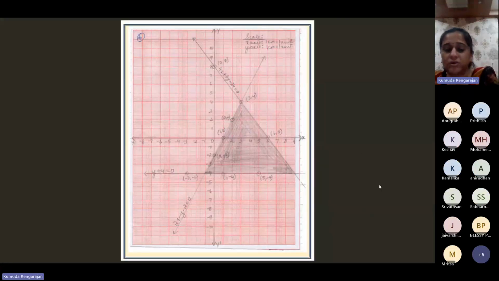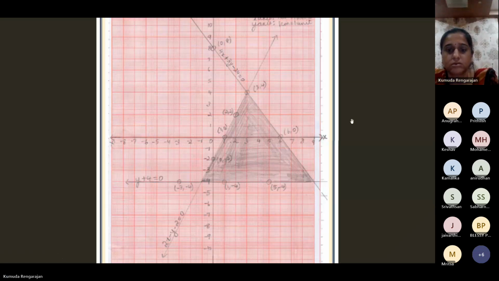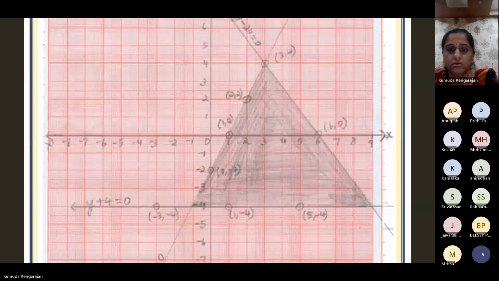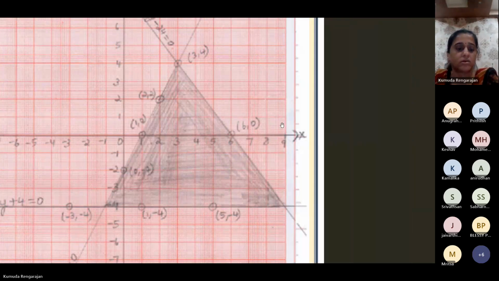So this is how the graph looks, children. I'll just zoom in. See the coordinates of the vertices of the triangle formed.